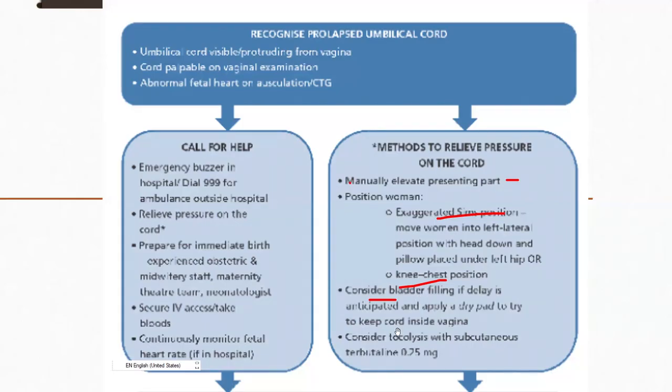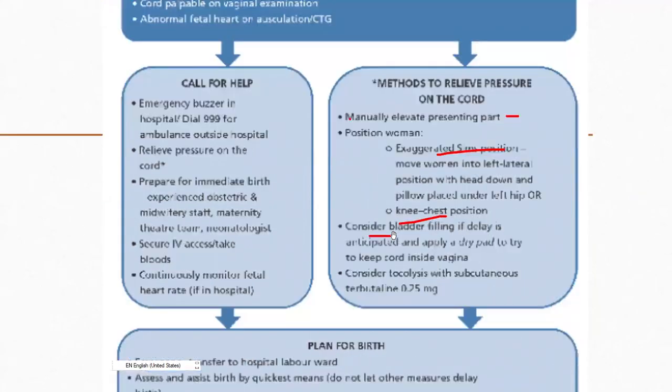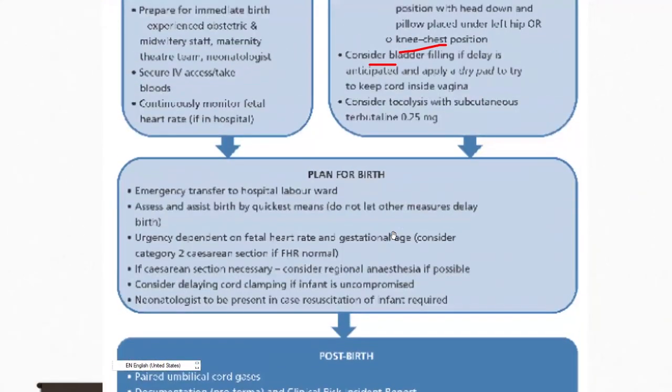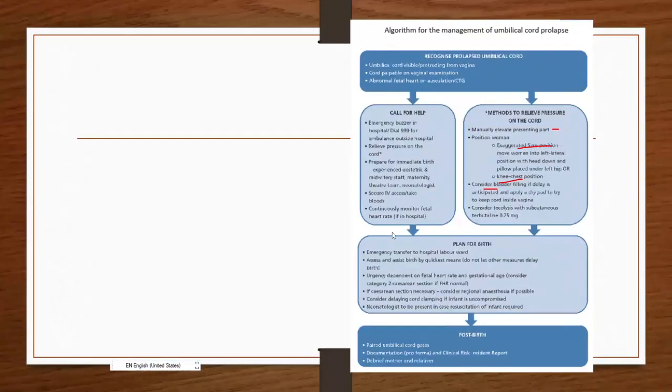Then you can consider tocolysis if necessary, but in our case, it was not necessary. So these measures are for you to prevent the cord from getting compressed until you do your immediate delivery. Until you get the theater ready, you are going to do this to prevent the cord getting compressed. I hope it is clear now.